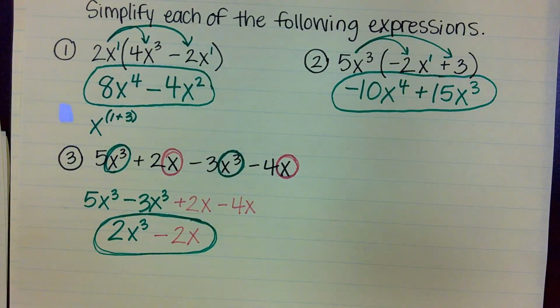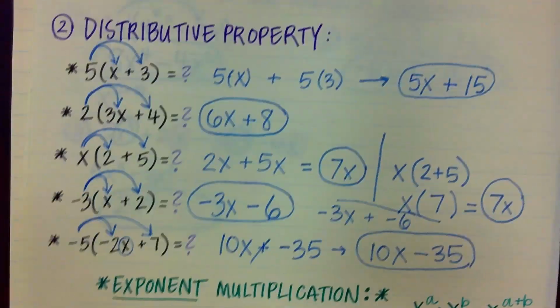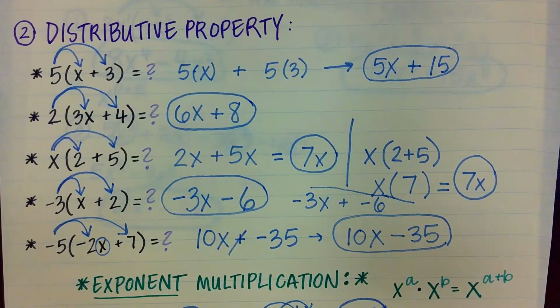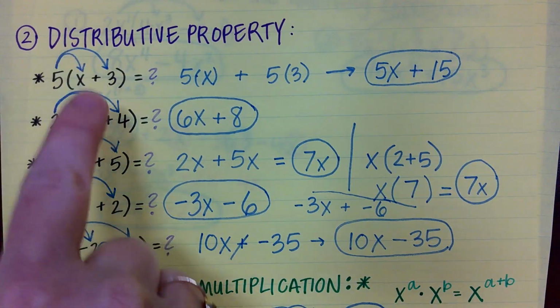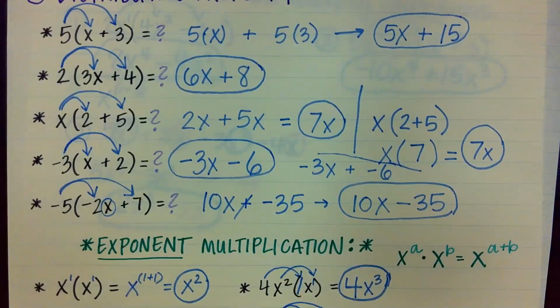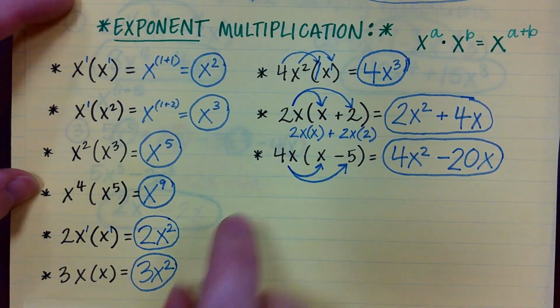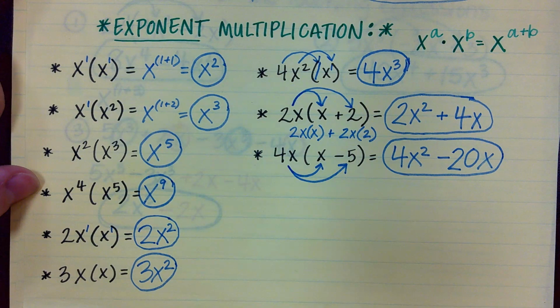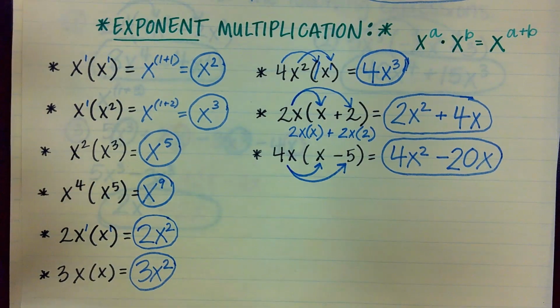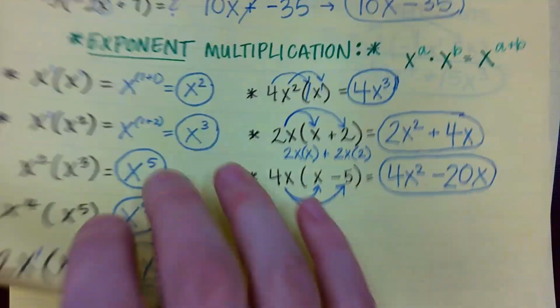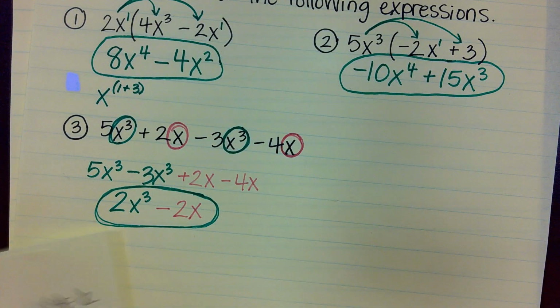So after we did that, we moved on and talked about how to do distribution, or the distributive property, where you multiply the outer number by each of the terms inside. We talked about the rules of exponent multiplication, where you add the numbers of the exponent when you multiply. Just like that. You guys remember all that? Good deal. We did a couple practice problems, and then that is where we landed. So, now, let me cross this off because this is not the right day.